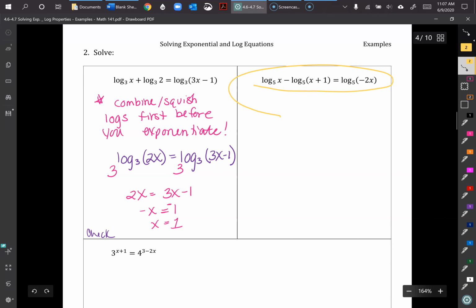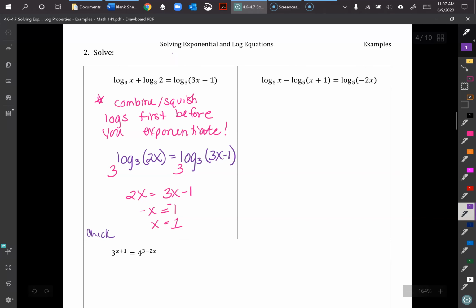Now we have a similar one, and again, I want you to think about this. This is split apart. It's not simplified as much as it should be because I have this minus in there. So I need to make it be like one log equal to another log before I exponentiate.